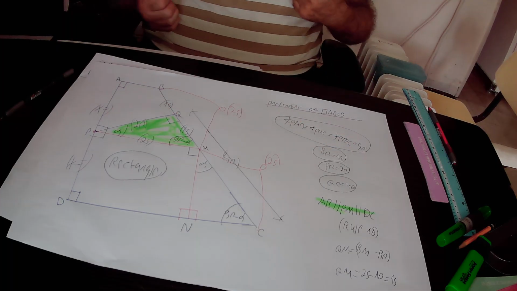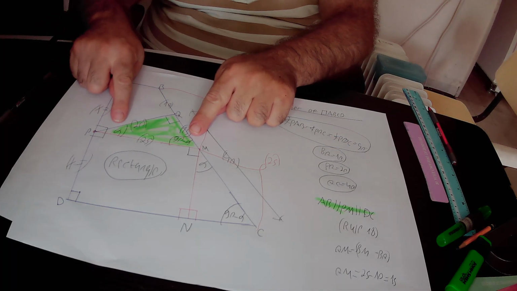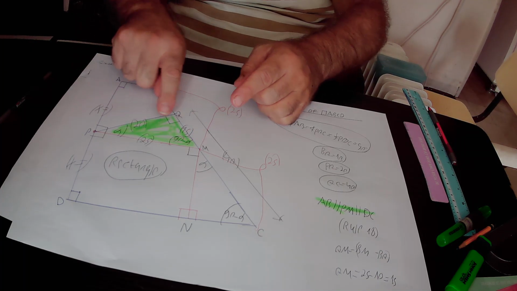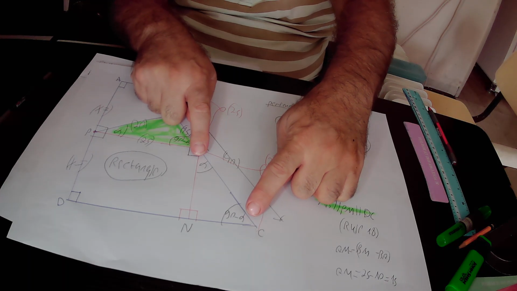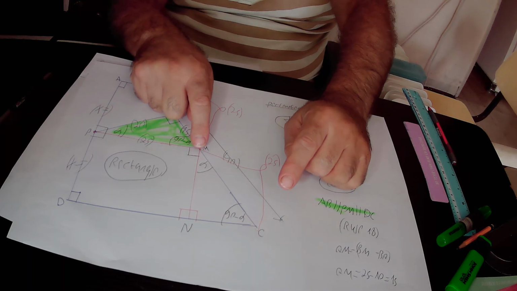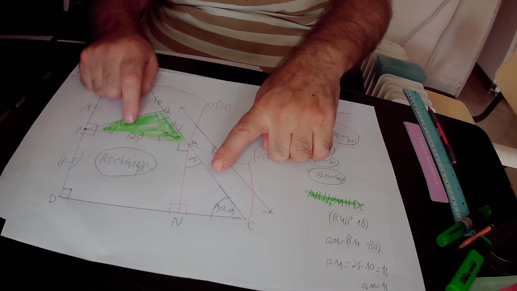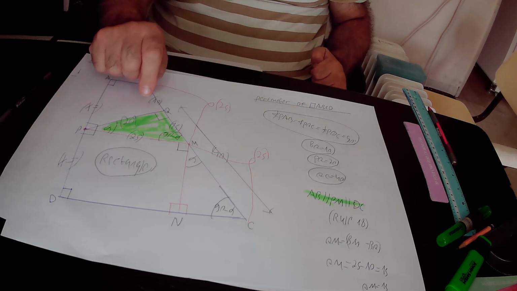So we actually proved that those two angles and the side that is included between those two angles, that is side PM, in this green right triangle PQM, are correspondingly equal to those two angles, and the side that is included between those two angles, that is side MC, in this right triangle MNC. And therefore, those two right triangles can go into each other according to the angle side angle rule. So I write it down.